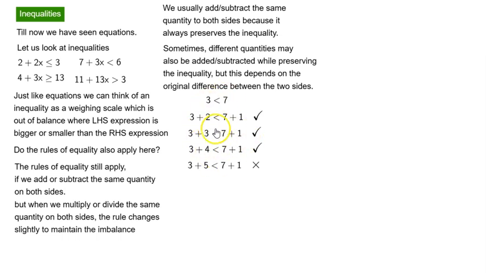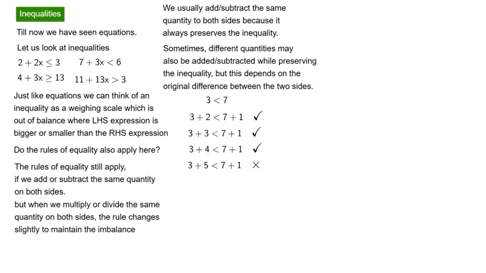So since we cannot guarantee that the inequality is maintained, there are additional conditionalities attached. That is why, to guarantee the preservation of the inequality, we focus on adding or subtracting the same quantity to both sides.